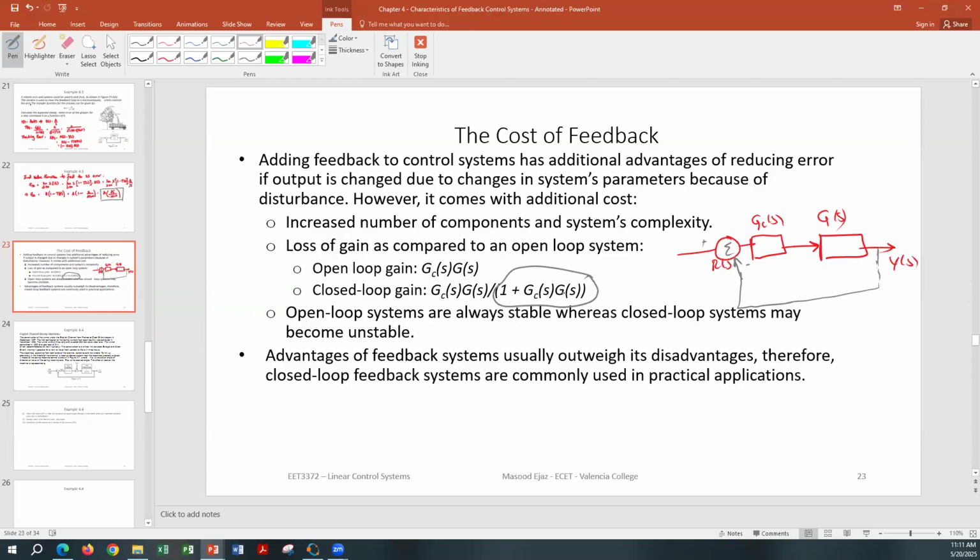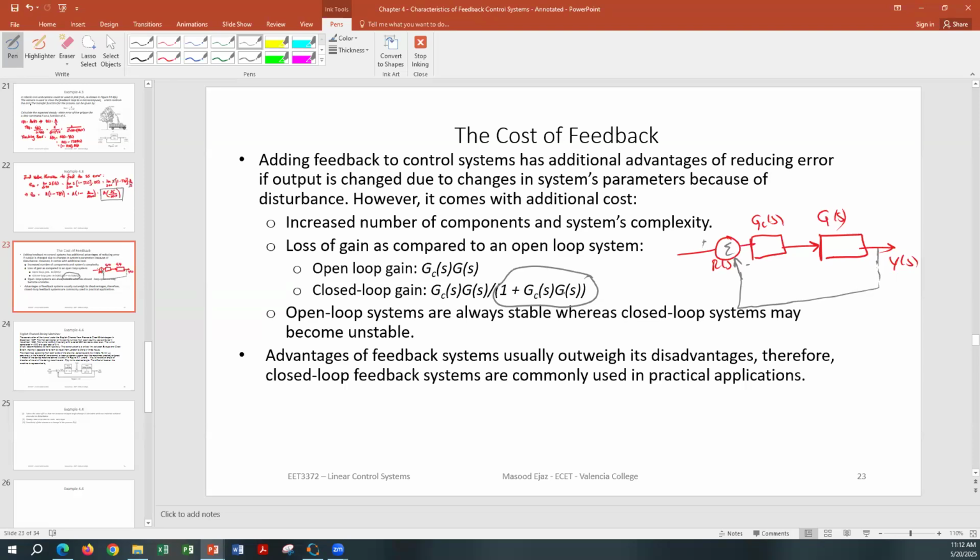A sinusoidal value is a stable input. An exponentially decreasing value is a stable input. But anytime you have an exponentially increasing value or a linear value or a second order polynomial, and you're not controlling that, then those inputs are considered to be unstable inputs.